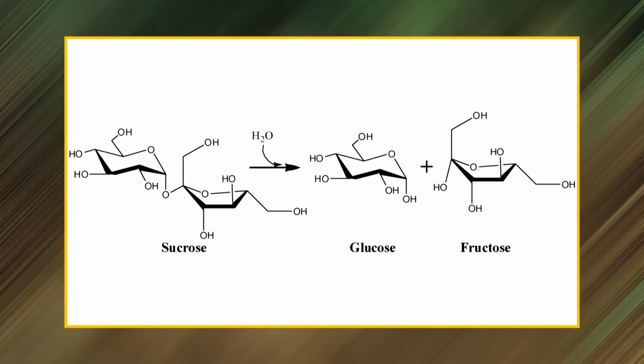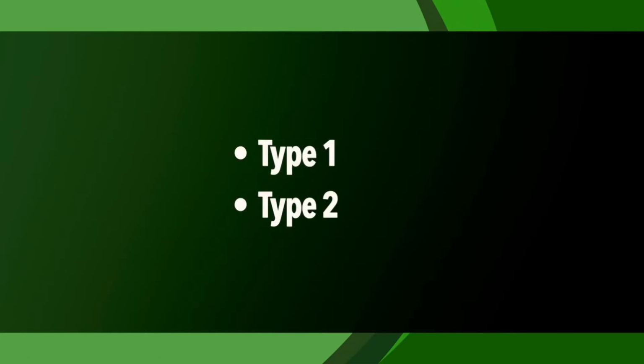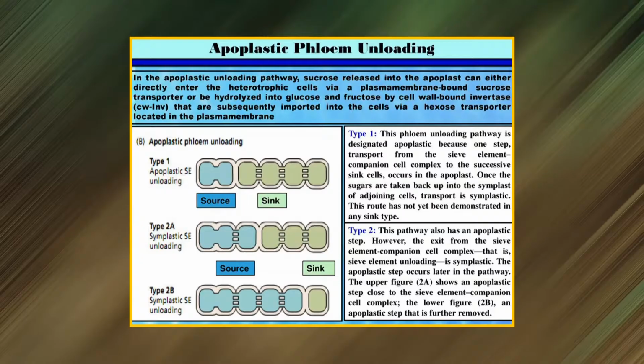There are two possible apoplastic routes, type 1 and type 2. In principle, the apoplastic step should be located at the site of the sieve element companion cell complex, although this pattern has yet to receive experimental support. The apoplastic step could also be further removed from the sieve elements.